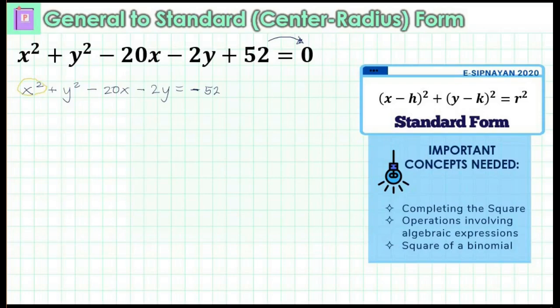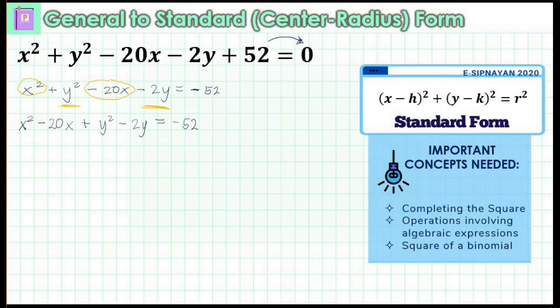In this case, x squared will be grouped with negative 20x, and we group y squared and negative 2y. Let's now rewrite the equation in such a way that the like terms will be beside each other. So it will become x squared minus 20x plus y squared minus 2y equals a negative 52.